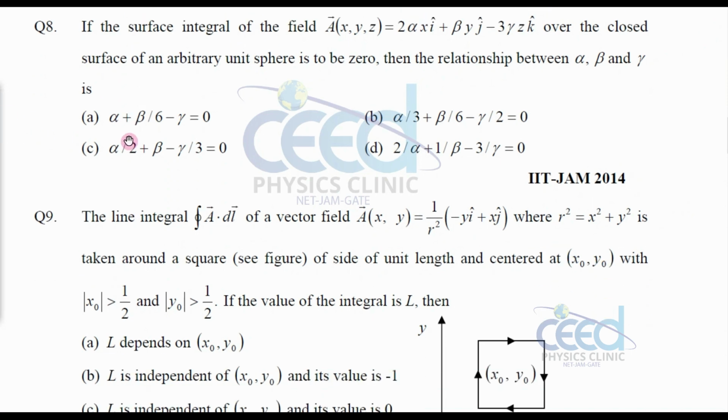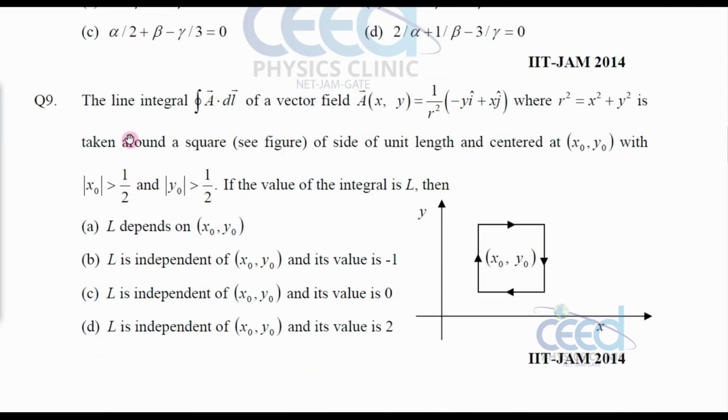Now let us go to another question. The line integral, that is integral A dot dl, of a vector field A of x, y equal to 1 by r square times (minus y i cap plus x j cap). So this A vector is given and r square is also given, that is x square plus y square, taken around a square.